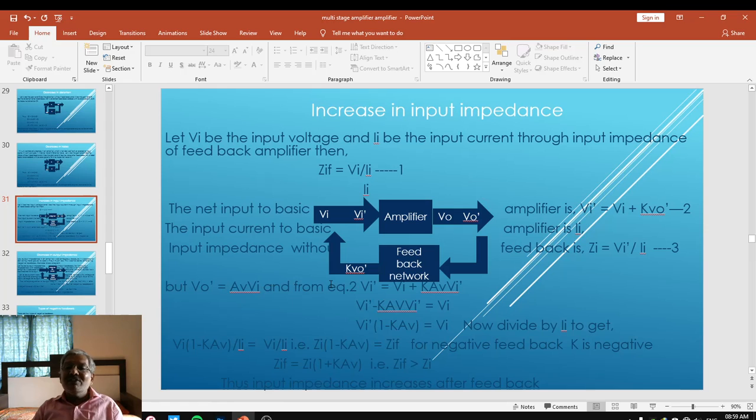And from equation number 2, Vi dash is equal to Vi plus K times Vo dash.